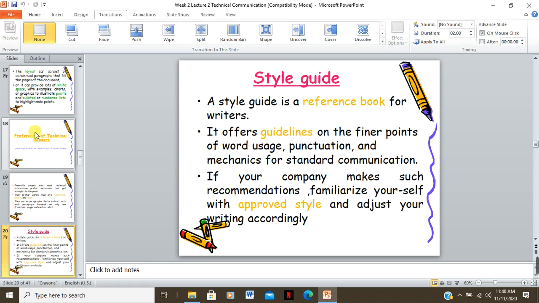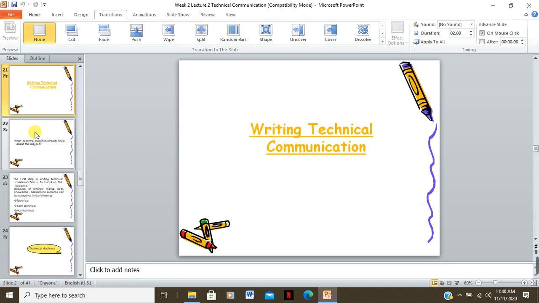So when we join some organization as employees, there are some guidelines, some manuals prepared by those organizations. We need to look into them at once when we join, so that we do not have any confusion regarding the communication expectations that our organization may have from us, and we are to follow them.